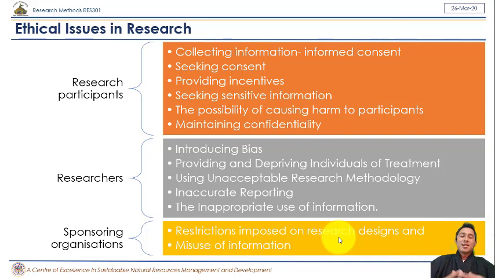So yes, this is the result of that 500,000. They just want to prove that they have used it, and no action at all. So it is just a management issue, and they are actually misusing the information. So again, we need to take care of those kinds of things.